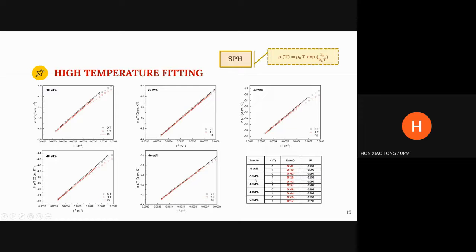It means that the electrons will have difficulty hopping, and thus the resistivity for 20% and 50% is higher compared to other concentrations.